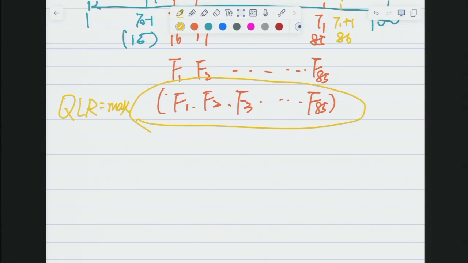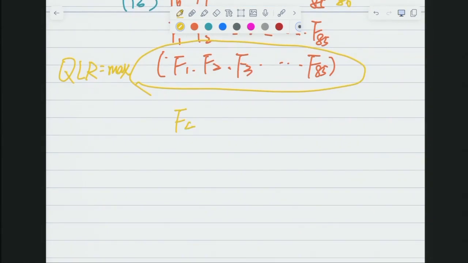Whichever F statistic has the highest value, let's say the 49th, if F49 is the largest, then our QLR test statistic is equal to the value of the F statistic that corresponds to time index 49. So this is the idea of the QLR test.